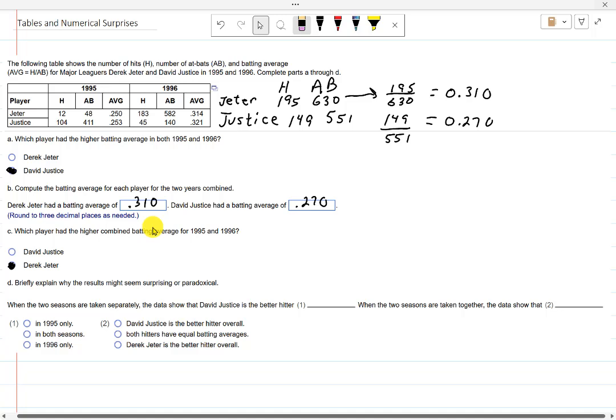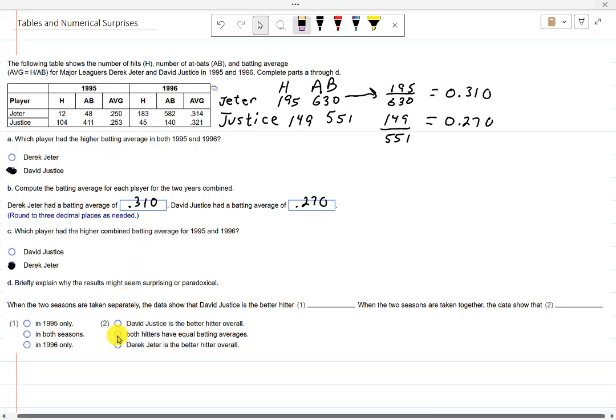Let's take a look at the last thing. Briefly explain why the 2 results may be paradoxical. Well, if David Justice did better in both seasons, a better batting average in both seasons, you would expect him to have a higher overall batting average than Derek Jeter. But as we see, that's not the case.